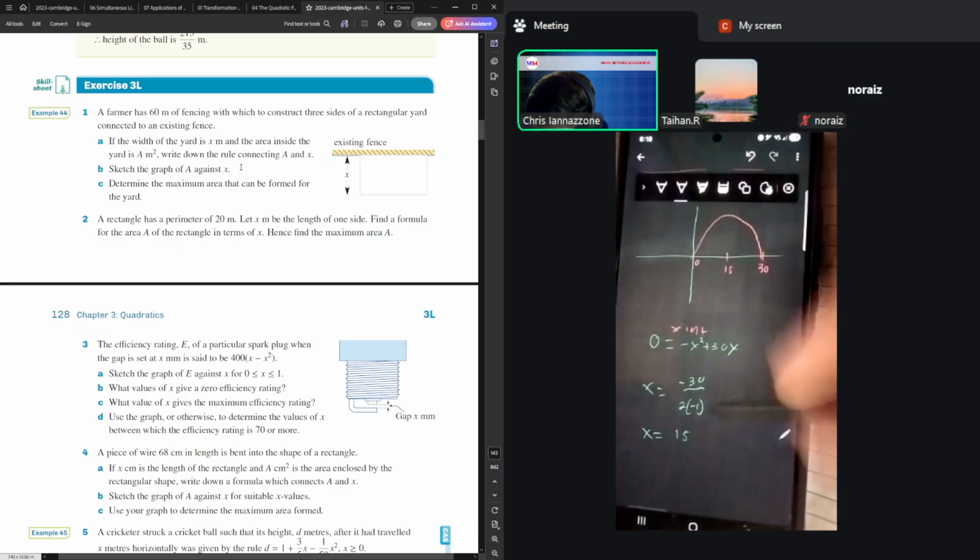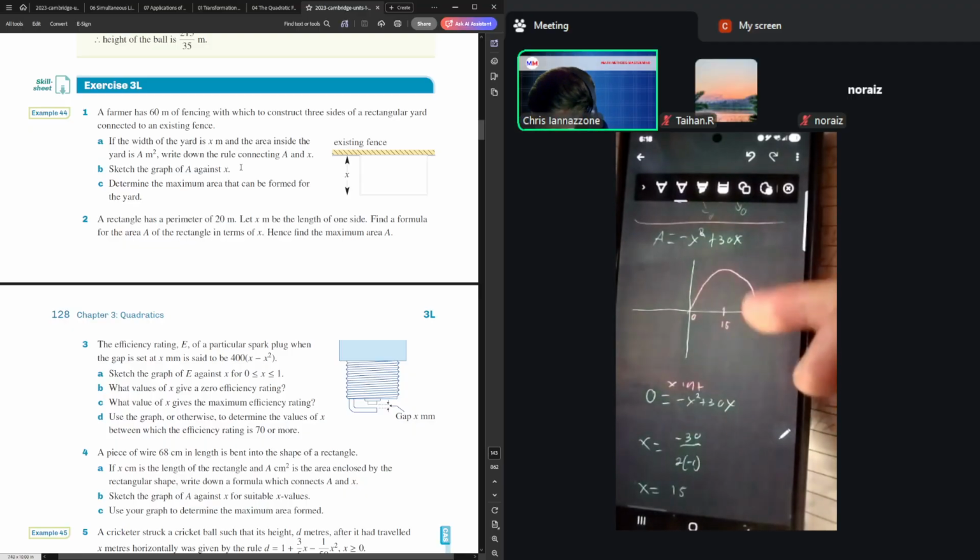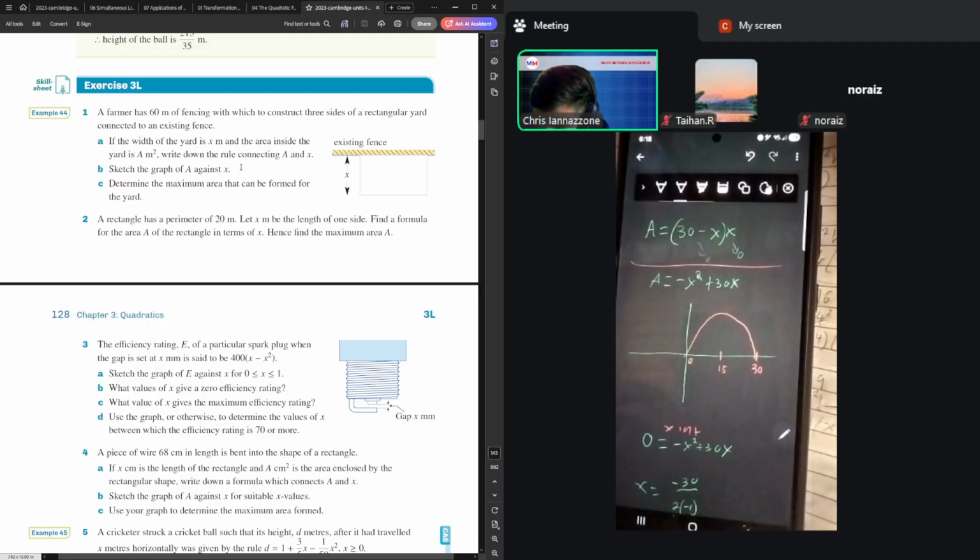So this approach worked well enough. What I will say is probably the fastest approach is to use this right off the bat to get your x-intercepts, because you can quickly see this is going to give me the term x equals 0, this is going to give me the term x equals 30. From there, what you'll always notice is that the vertex is always going to be the midpoint of those two things.